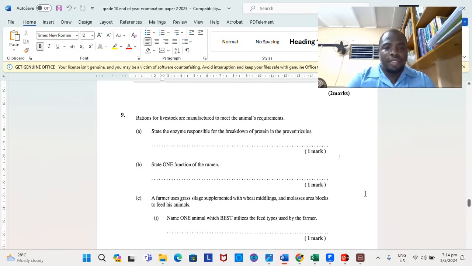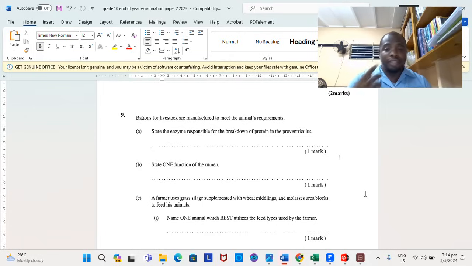Question 9 says, rations for livestock are manufactured to meet the animal's requirements. It says, state the enzyme responsible for the breakdown of protein in the proventriculus. Once you talk about the proventriculus, you are talking about a chicken. Remember, you have the proventriculus, which is somewhat similar to the stomach of a human being.